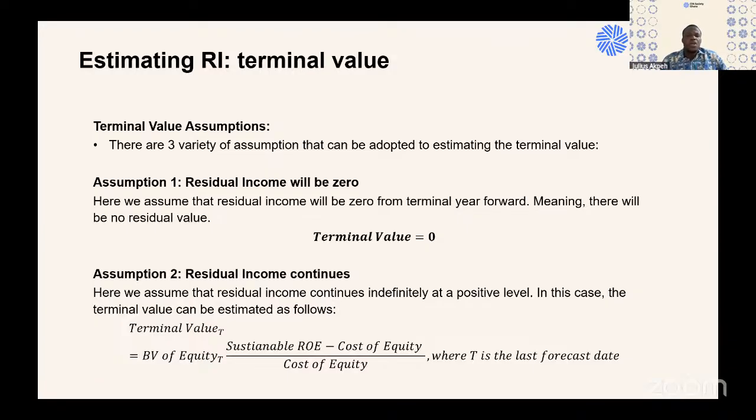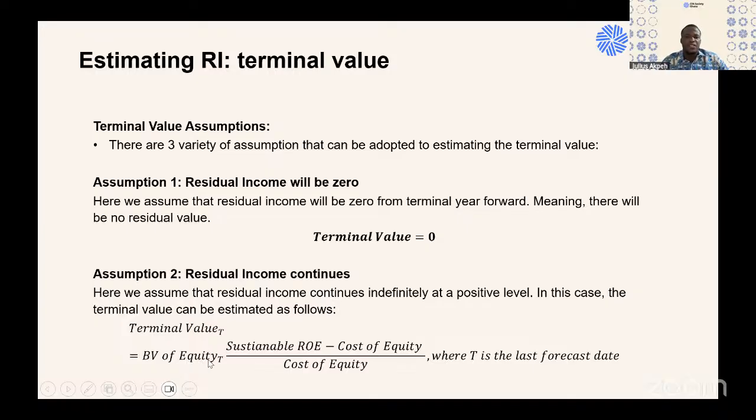Now, the reason why we're using the term sustainable ROE is that it is the ROE beyond the explicit forecast period. We need to come up with a constant ROE that a company will assume to be generating forever. That's sustainable ROE. We subtract the cost of equity from it and multiply it by the book value of equity.